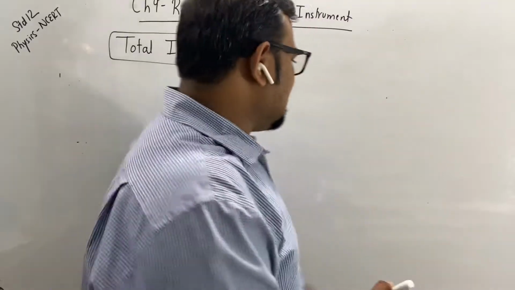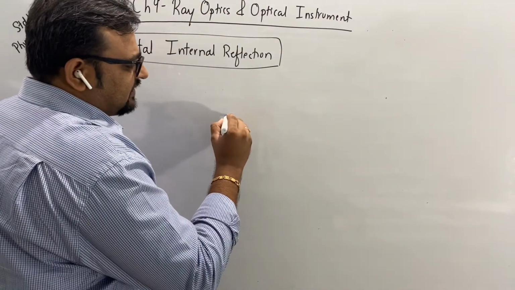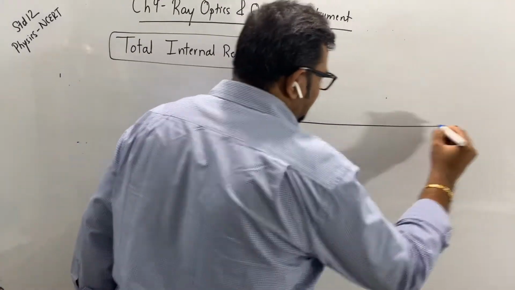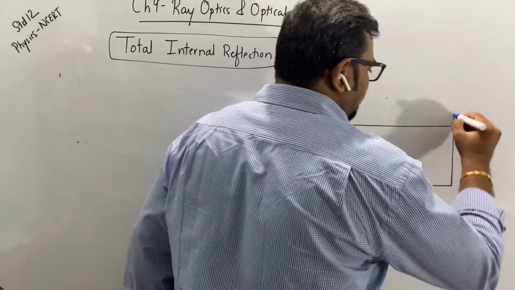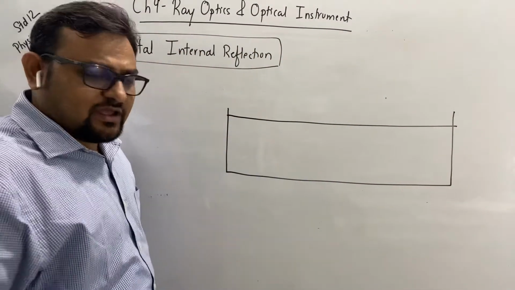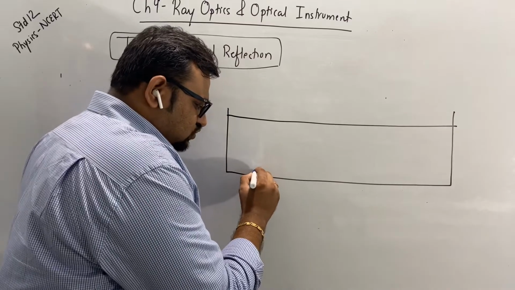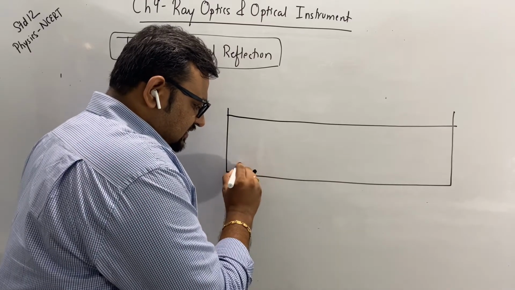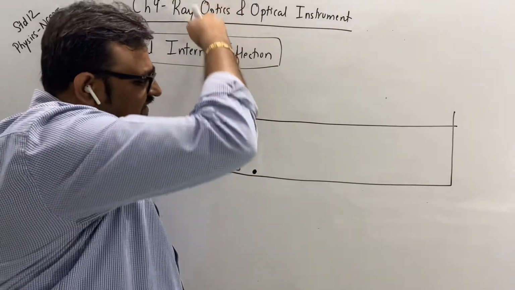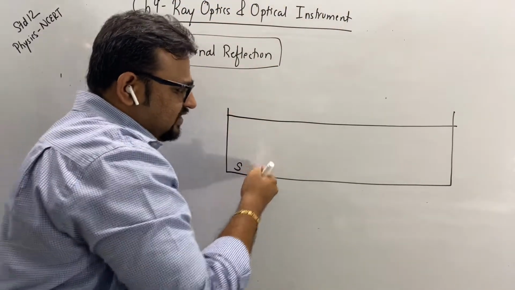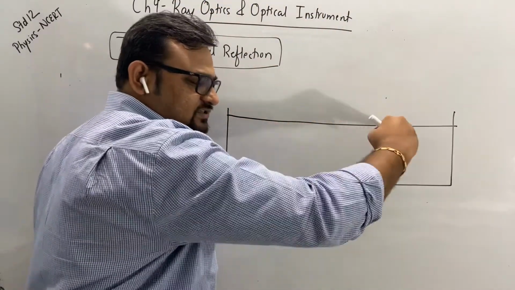Okay, let's take an example. Let's take this is a tank filled with water. Let's take here a source of light S. In normal case, what happened? Light is incident this way, reflected, and then it's on the surface.